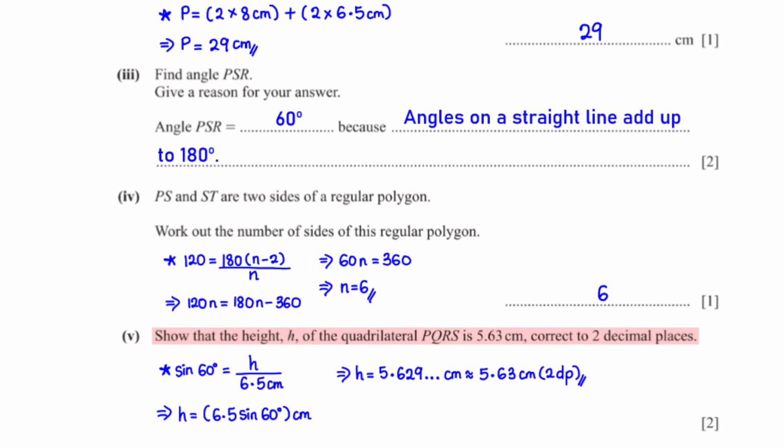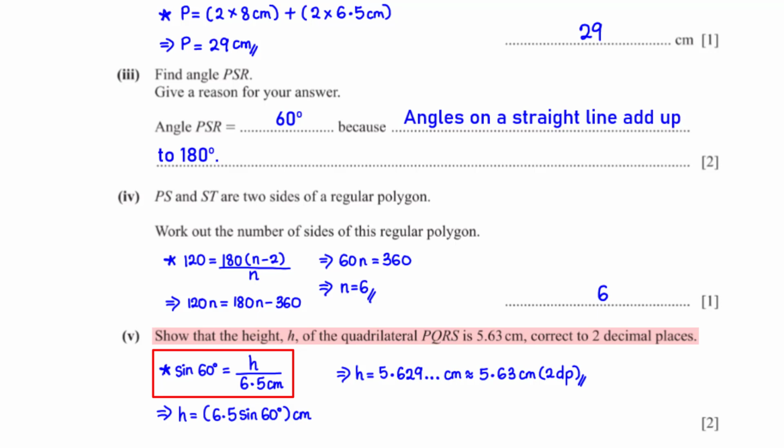Show that the height h of the quadrilateral PQRS is 5.63 centimeters, correct to 2 decimal places. To get the height h of PQRS, we apply SOHCAHTOA. This gives us sine 60 degrees equals h over 6.5 centimeters.